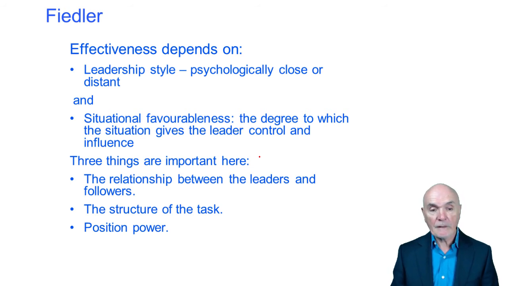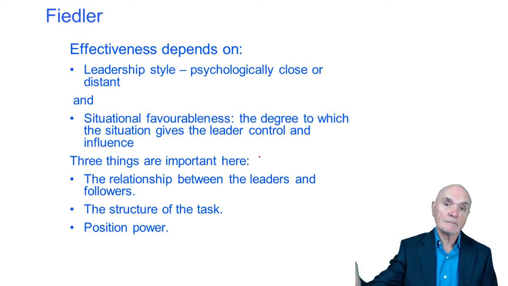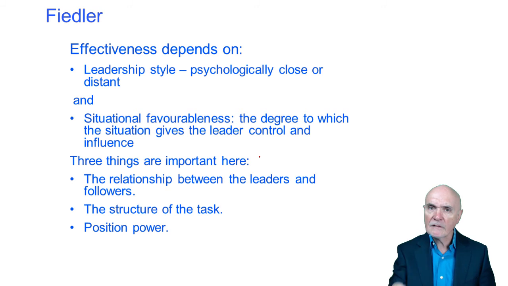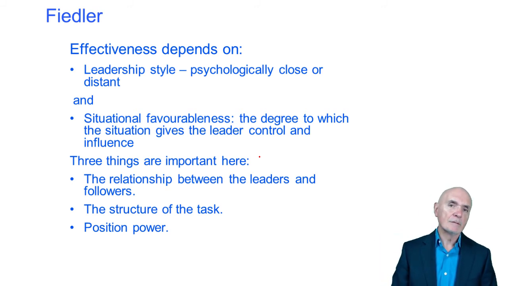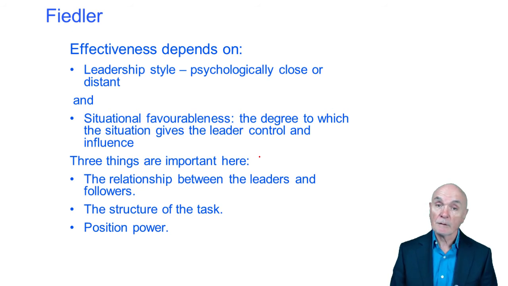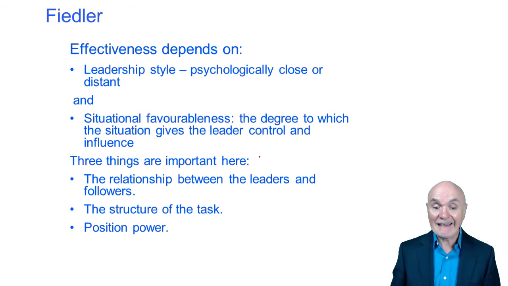So if something happens, if let's say a large customer decides to leave you and go somewhere else, and has kind of made that decision already, then that's situationally not at all favourable, because you've kind of made a decision and maybe signed up with a new supplier. If, however, the customer is just grumbling a bit and there is a danger that they will move, then of course you still have time to influence what their decision is.